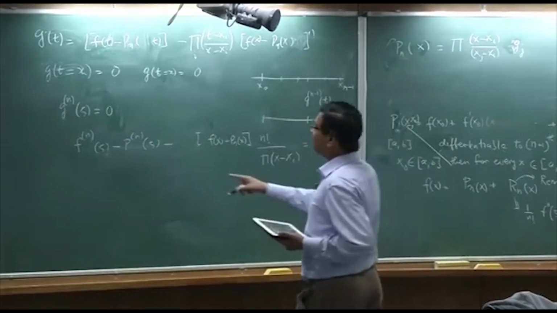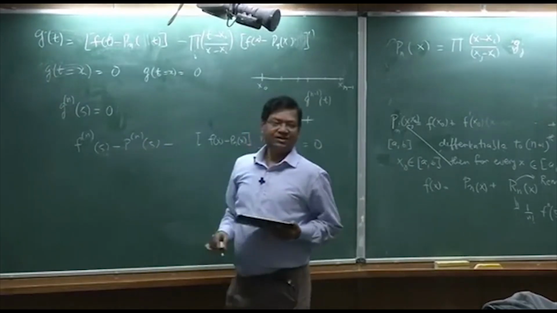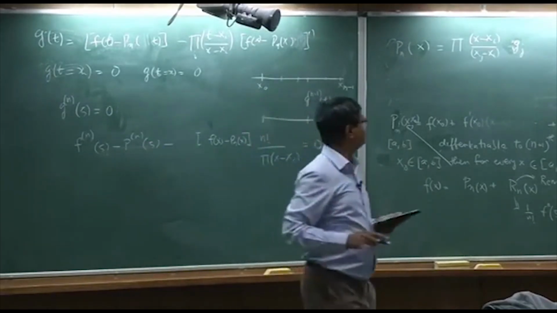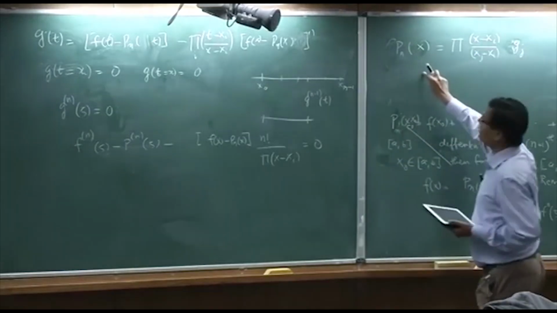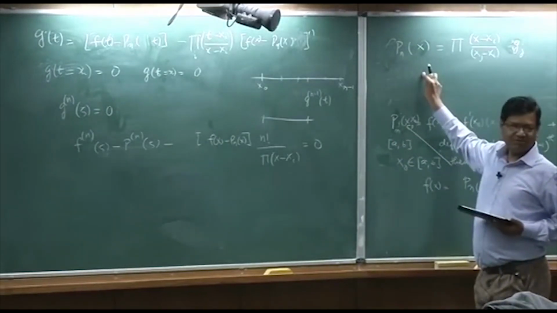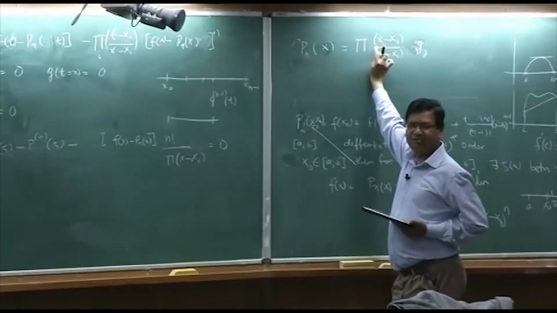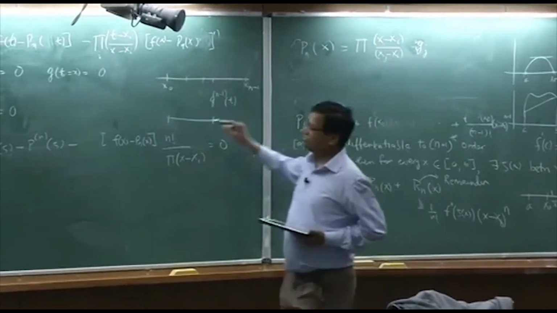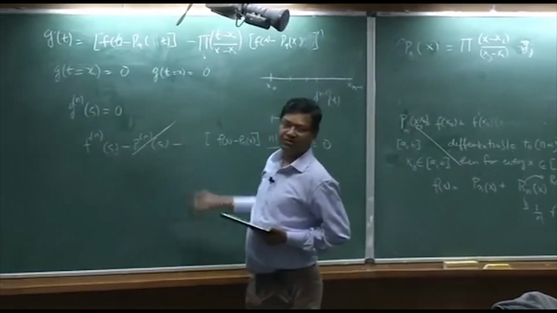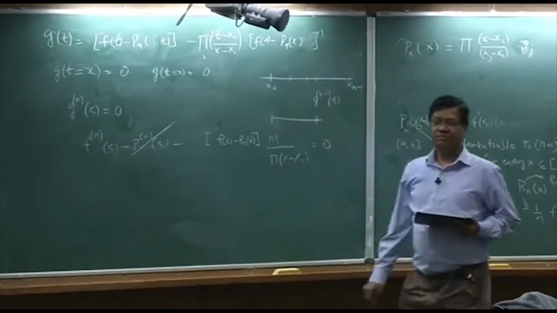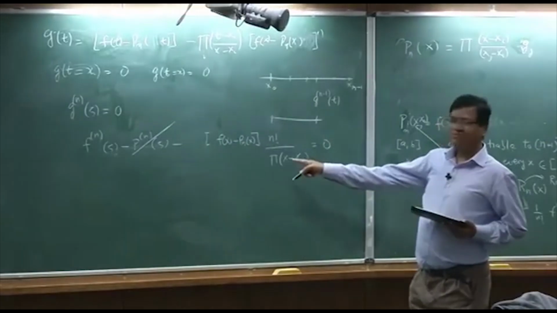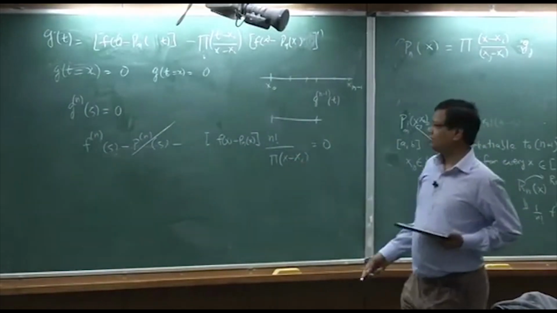Now this Pn, so the P is of what order? This P of t is n minus 1th order. The highest power is n minus 1. So this is 0. So now I have the error, no? So what is the error?